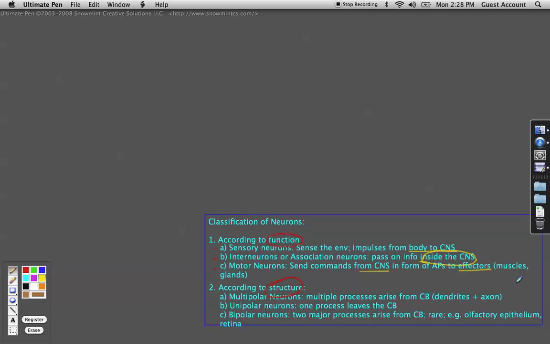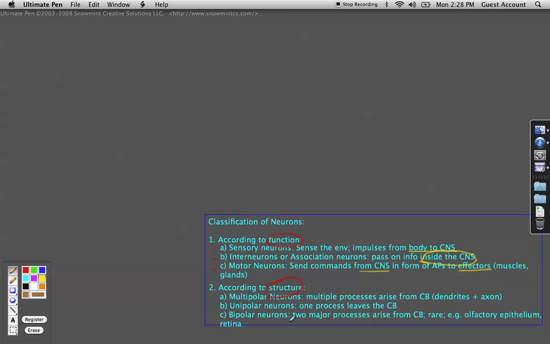When we say effectors, that means all of your muscles, cardiac muscle, smooth muscle, as well as skeletal muscles. Even the glands are included in the effectors. So your motor neurons carry the commands that your brain and spinal cord come up with, in the form of action potentials, to these effectors.